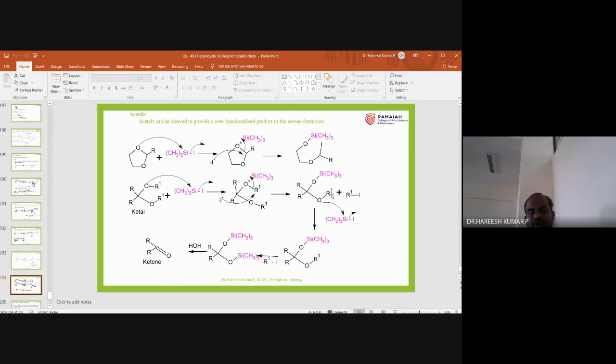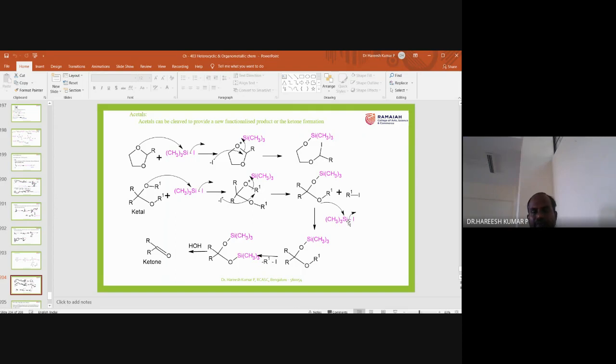So that is how silyl ether intermediate is obtained. Then this reacts with another equivalent of trialkyl silyl iodide, so there will be a new bond formation between this oxygen and this silyl.